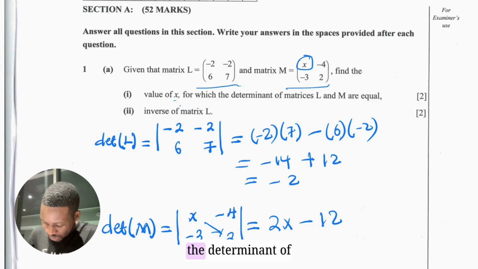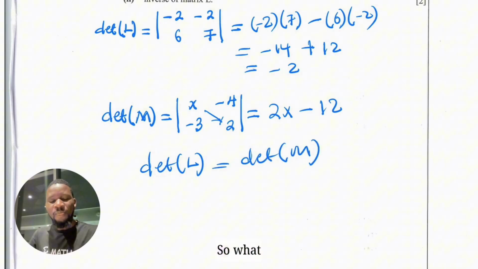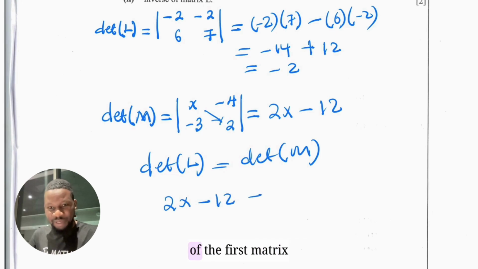But we are told that the determinant of the first matrix is the same as the determinant of the second matrix. So the second matrix's determinant, 2x minus 12, should be equal to the determinant of the first matrix, negative 2.